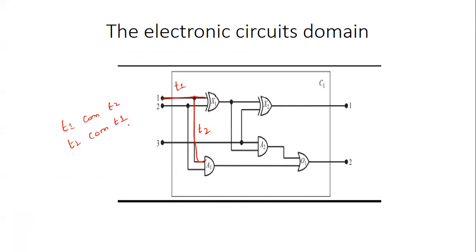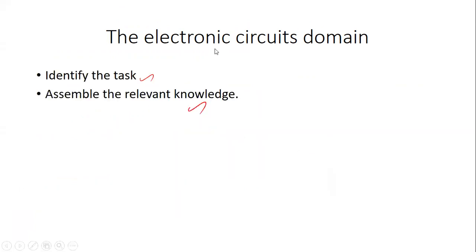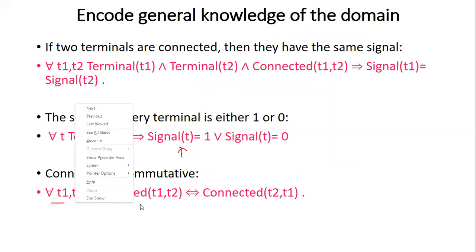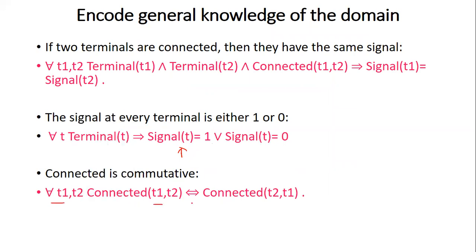Either way we can say, so both are the same. So how do we represent that? For all T1, T2, connected of T1, T2 is bidirectionally equivalent to connected of T2, T1. If T1 is connected to T2, it also means that T2 is connected to T1 and vice versa. Right?